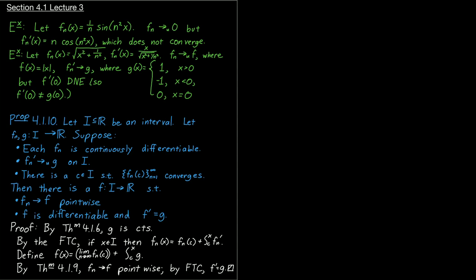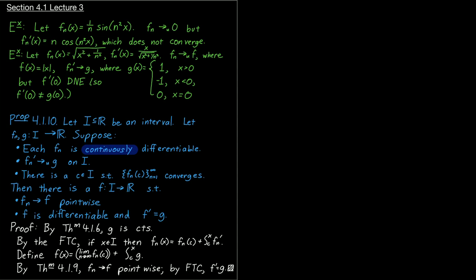So that's not too terrible. That's not too hard to prove. But it only works if you have these fairly strong assumptions. You need convergence of the derivatives and not necessarily of the underlying function. You can dispense with this assumption of continuous differentiability.